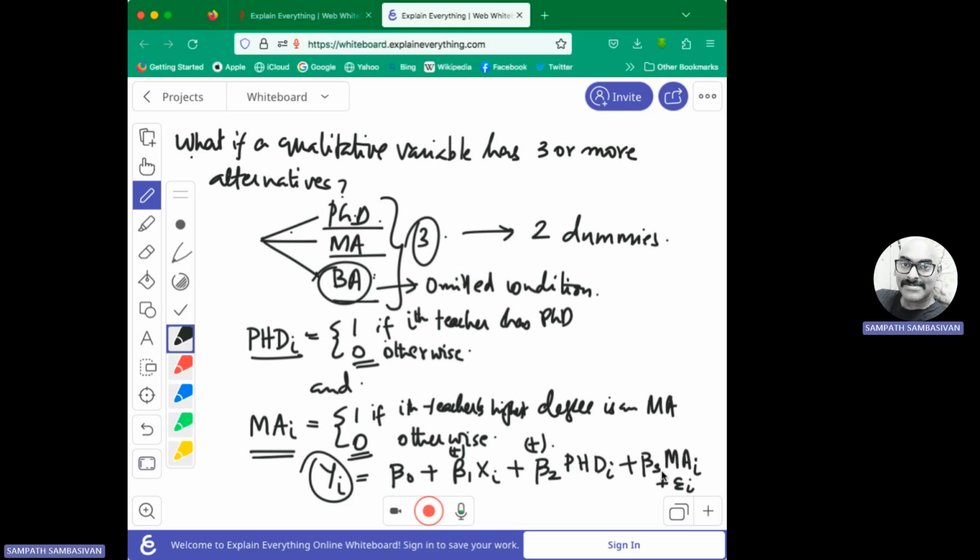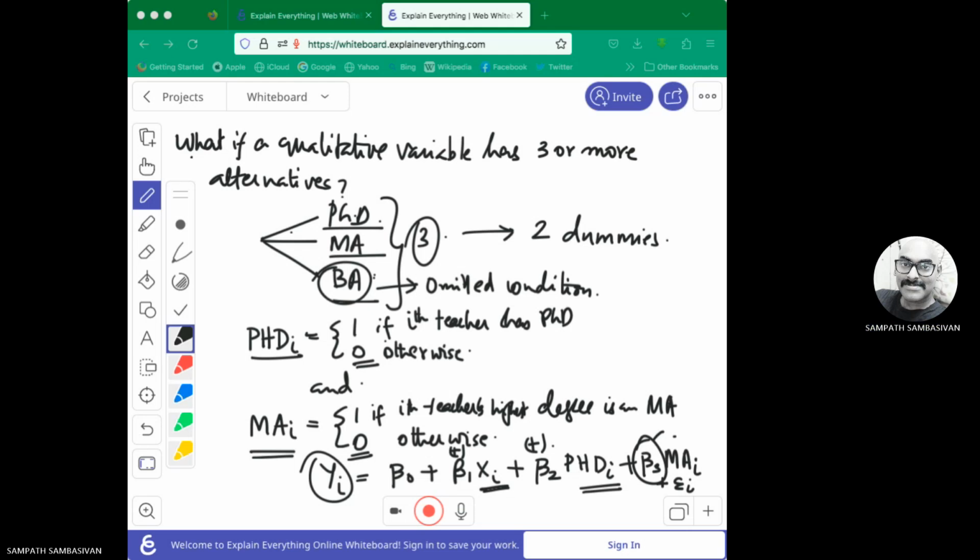For example, if you are taking beta 3, right? What does beta 3 measure? Beta 3 will measure the impact of having the highest degree being MA, holding the number of years of experience and PhD as constant. Okay.